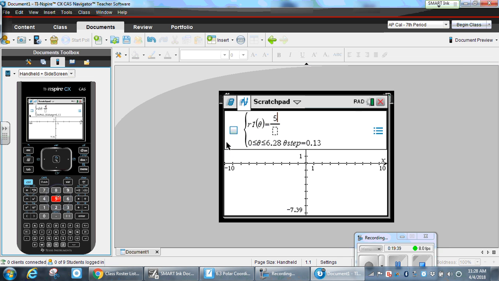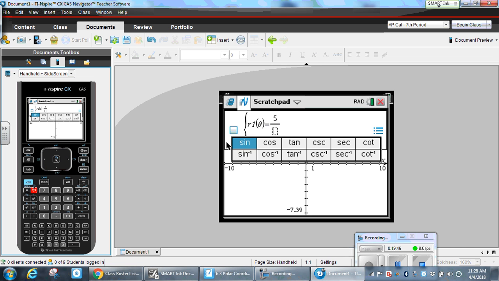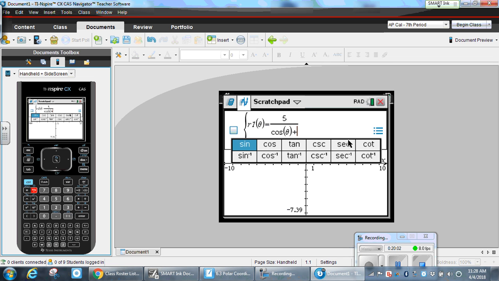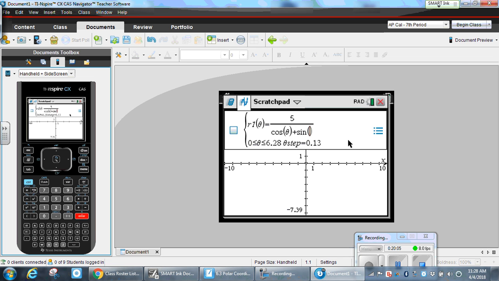Okay, so 5, and then cosine theta, where's theta here? Plus sine theta. Did you guys graph it already? What do you think you will get?